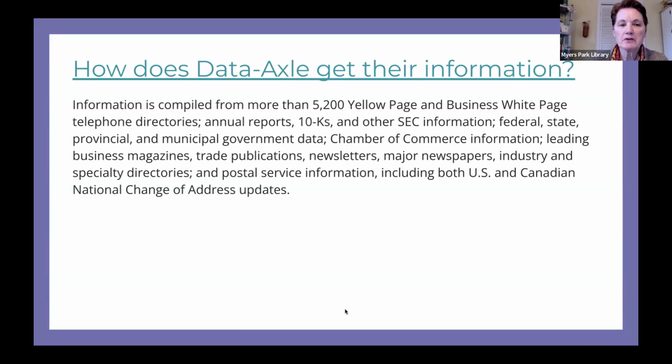But we've been told by the Data Axle reps that they get this information from all of the places that you see on the screen, and they pull it together into the Data Axle database. Now, not all of these different reports have the same information. And so what we're told is that it gets into the database, and then Data Axle has employees who call these companies to verify the information.